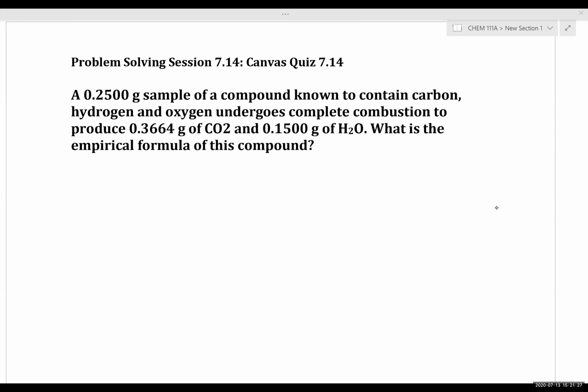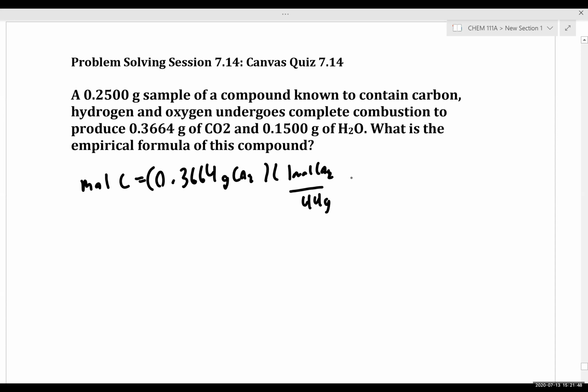Okay, so let's discuss this problem once again. So first and foremost, we can calculate the moles of carbon given the mass of carbon dioxide. So we have 0.3364 grams of carbon dioxide, and we know that we have 1 mole of carbon dioxide for every 44 grams.